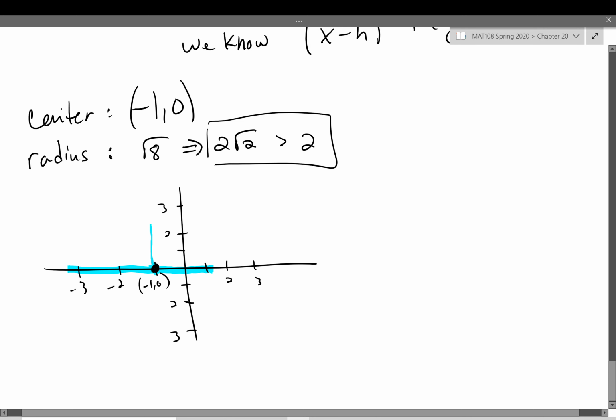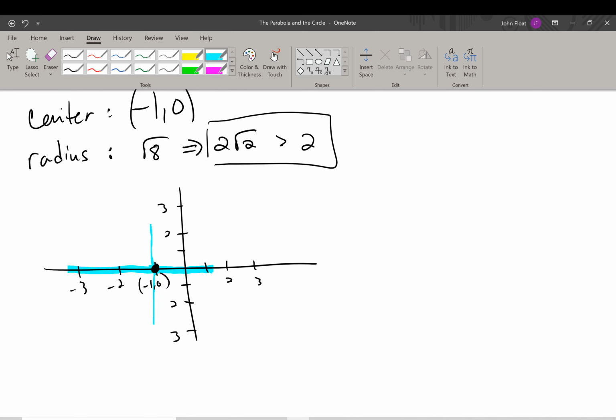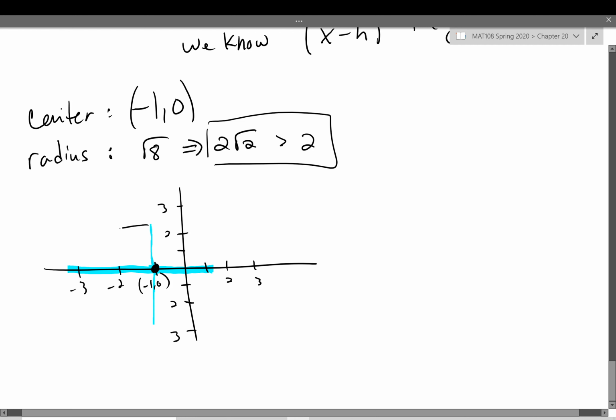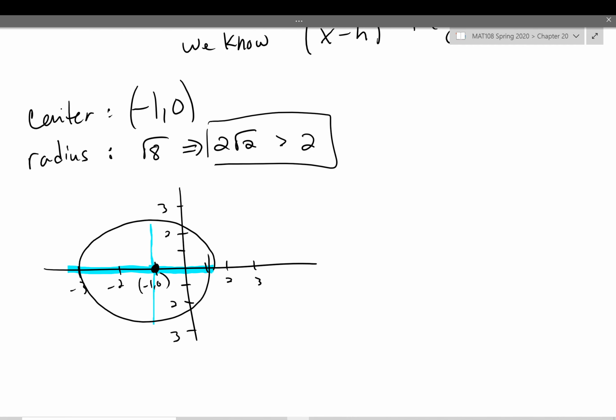And then down 1, 2 units and a little bit more. So now you could estimate what this circle looks like. Oh boy, that is horrible. All right, so there's my circle. I know it is not nice whatsoever.